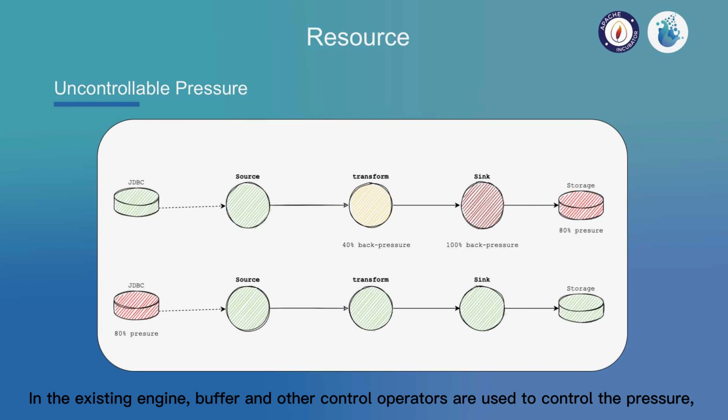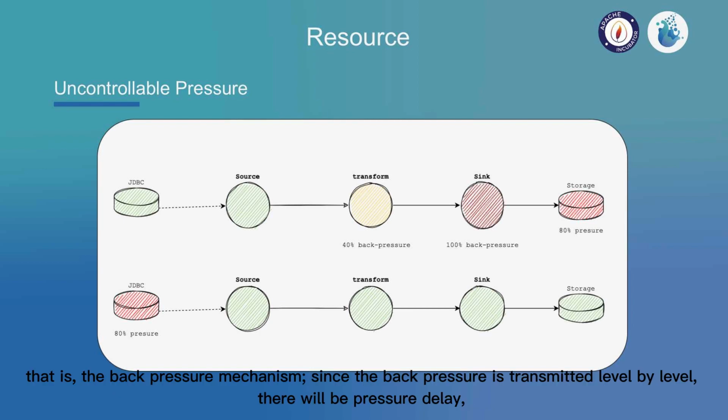In the existing engine, buffer and other control operators are used to control the pressure. That is, the back pressure mechanism. Since the back pressure is transmitted level by level, there will be pressure delay.